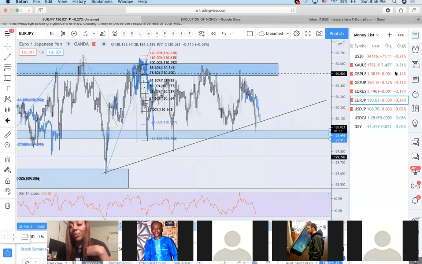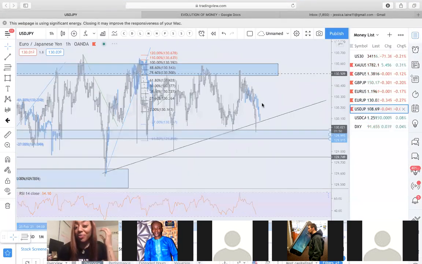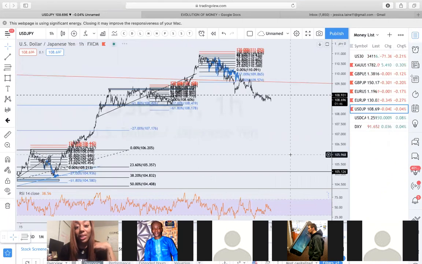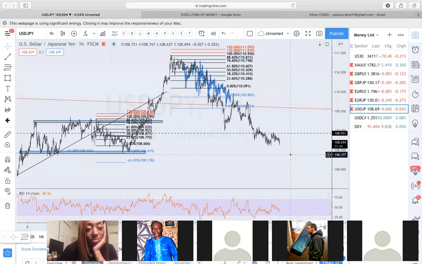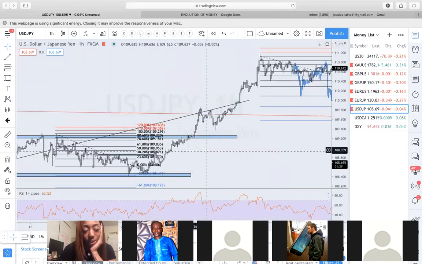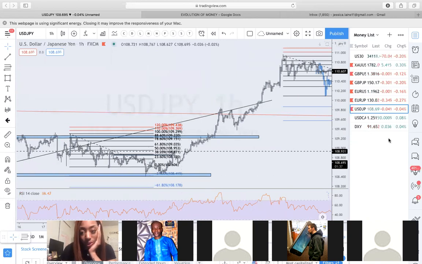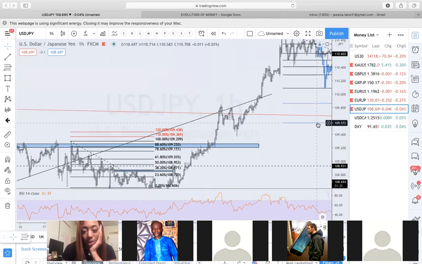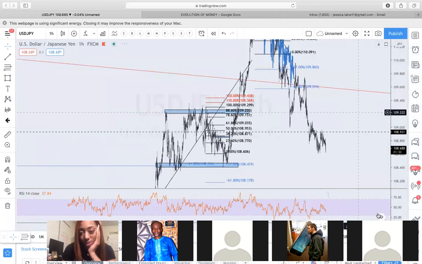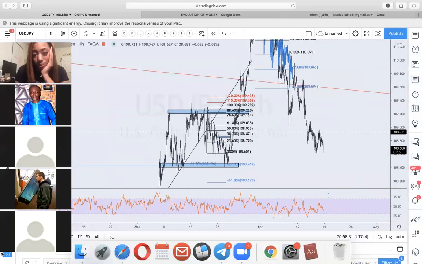Alrighty. UJ, I see UJ going into a buy, actually a beautiful buy setup. I haven't marked this up, but over here, this will hit TP1 on this fib. Only reason I'm looking over here is because I'm trying to see where price structure is.